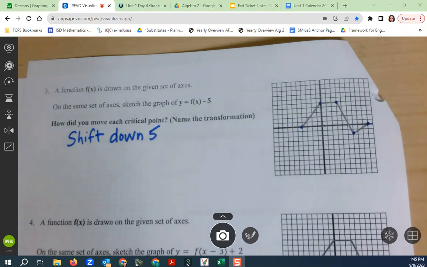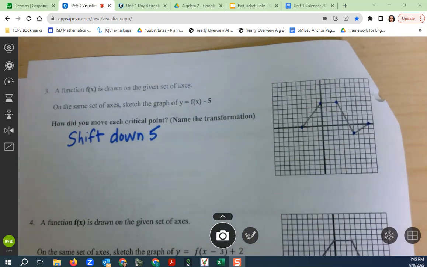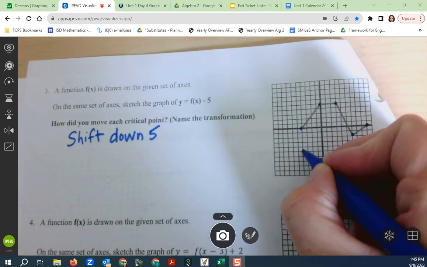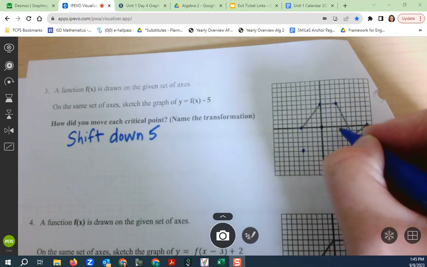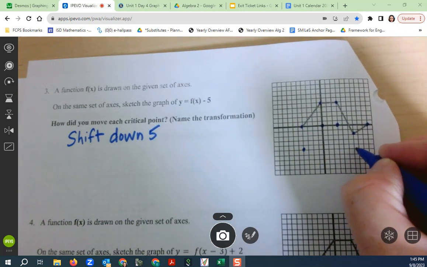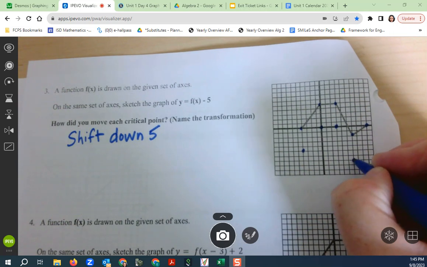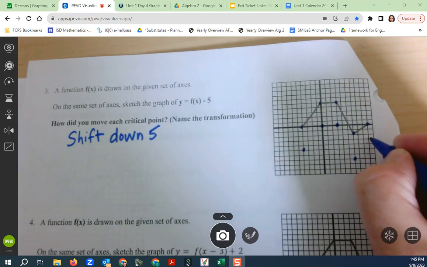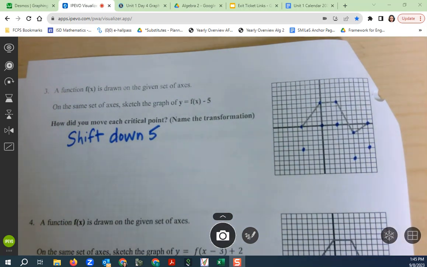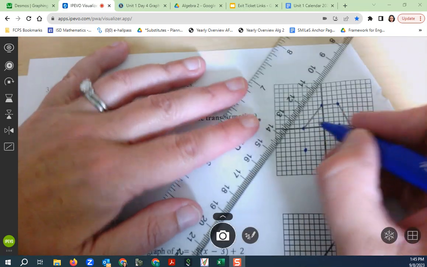What I'm going to do is count down 5 from each of them, and then connect the dots to make the same shape. Okay, and then just use your ruler to make the same shape.